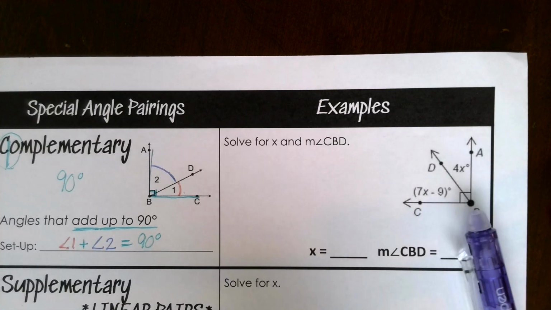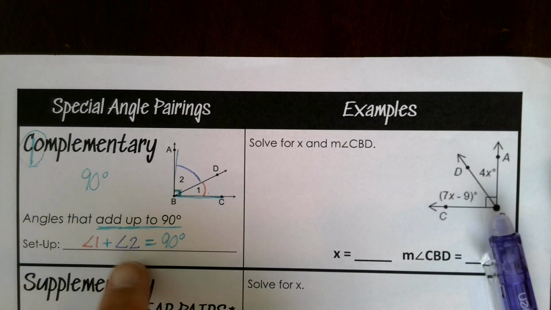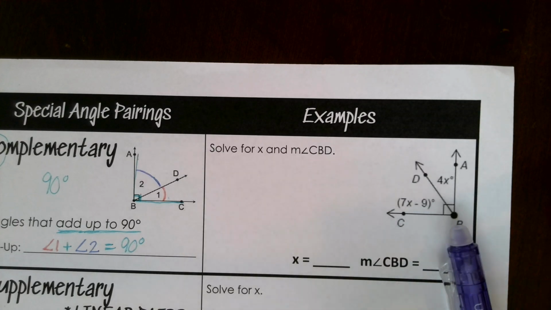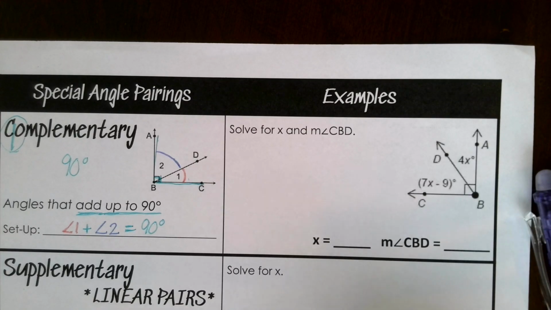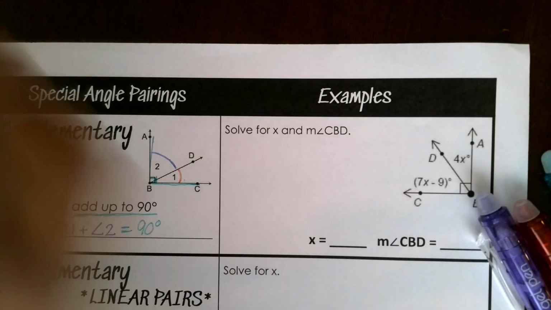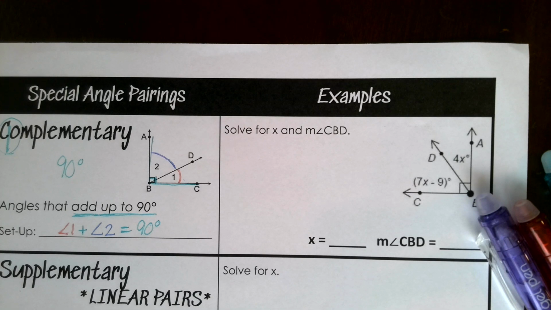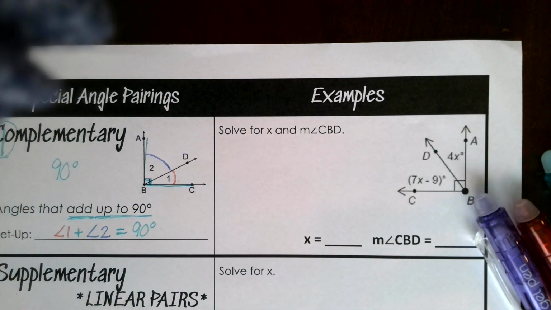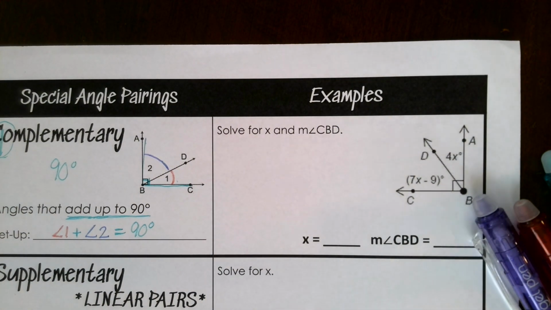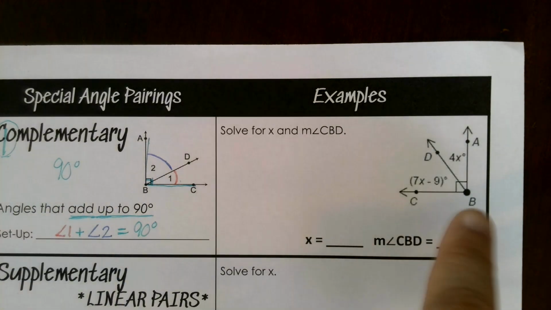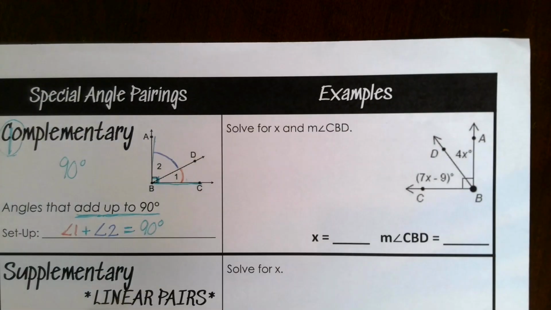Okay? So, 1 plus 2 equals 90. Let's try that with some numbers. Alright, so our first angle, and this is backwards, but we can see that both of them add up to 90. We can look and see this right angle mark here.